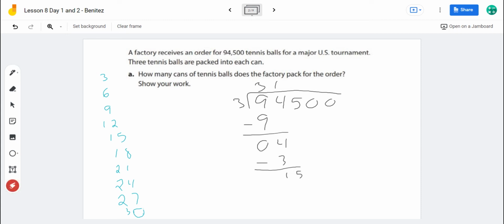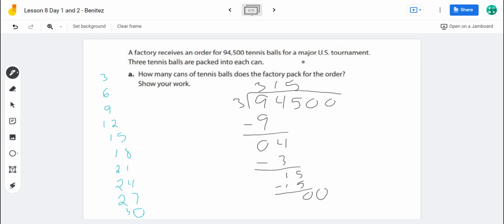Does 3 go into 15? If so, how many times? Let's check. 3 goes into 15 perfectly. What multiple of 3 is that? 1, 2, 3, 4, 5. Minus 15. So 0, bring down the 0. Does 3 go into 0?